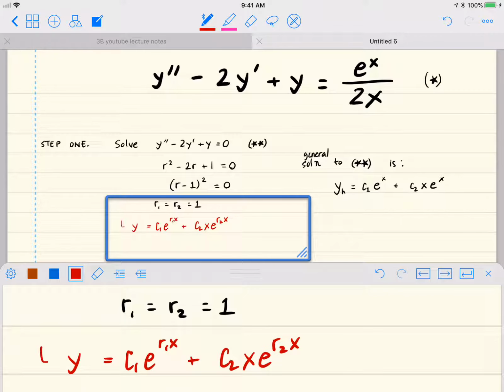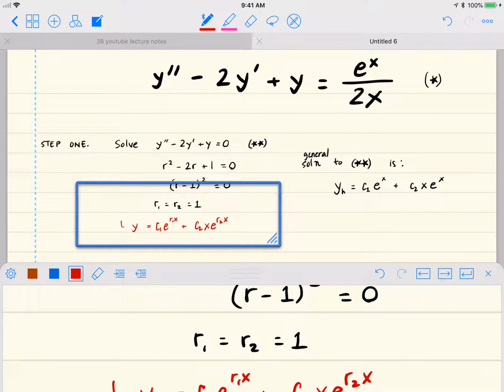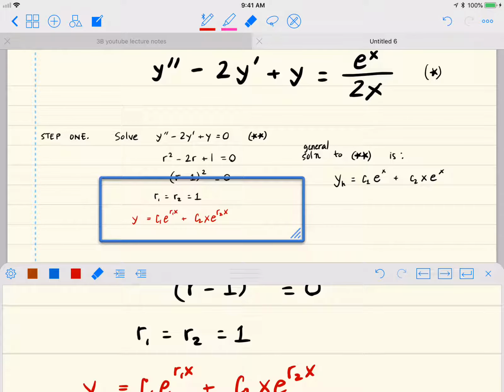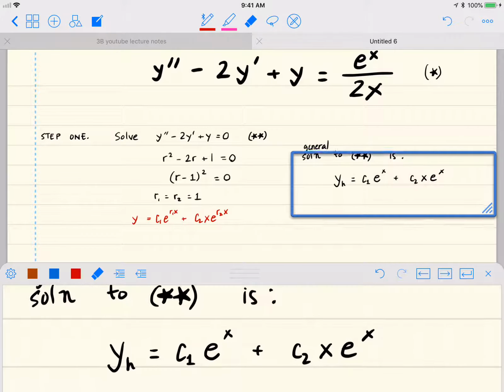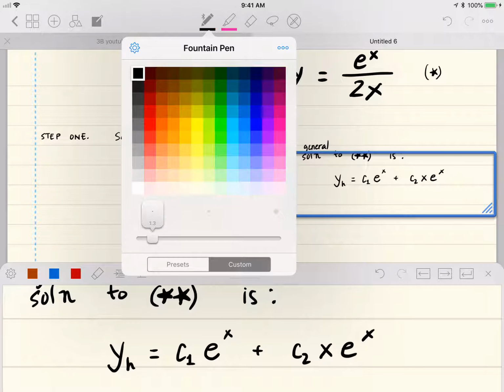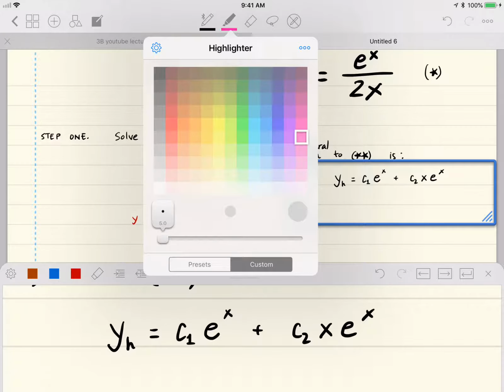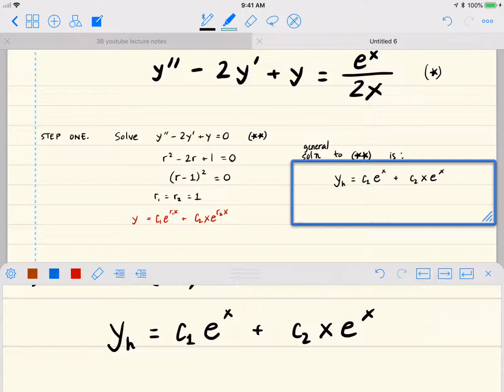That's the general solution. Okay, so for us, since r1 and r2 are equal to 1, our exponents are just e to the x. Okay. All right, so we've got this. That's good. That's the result of step 1.